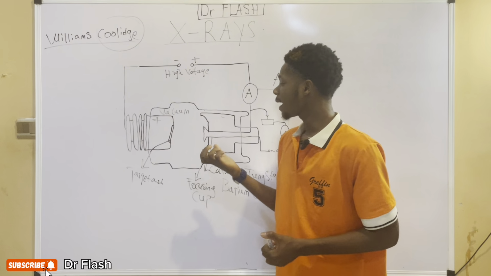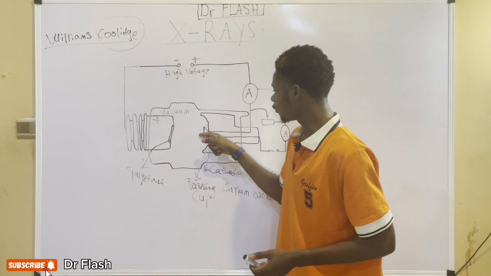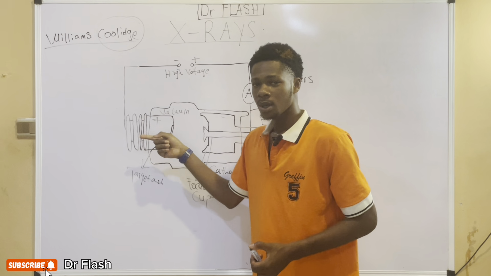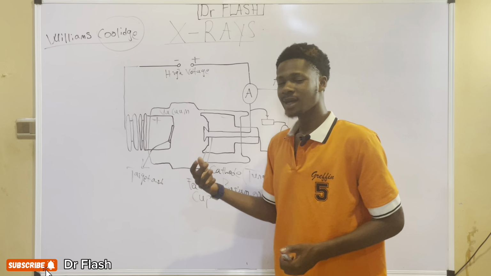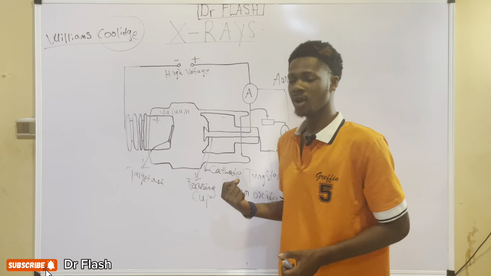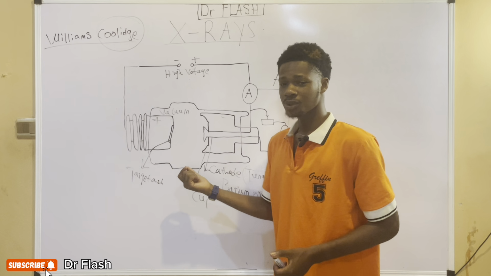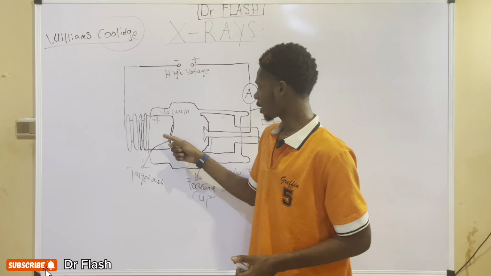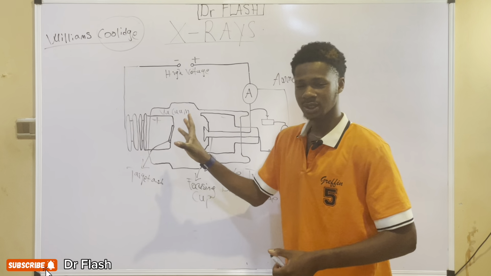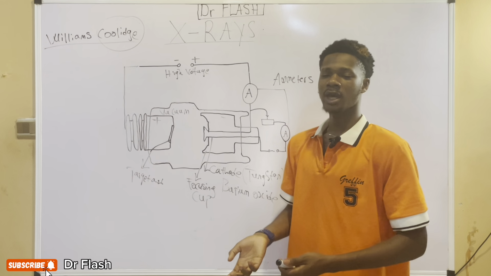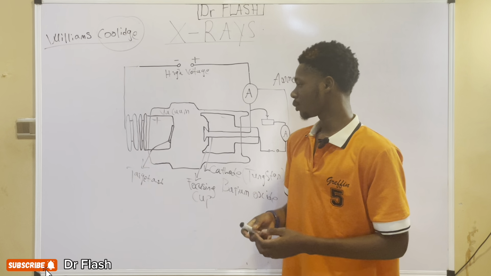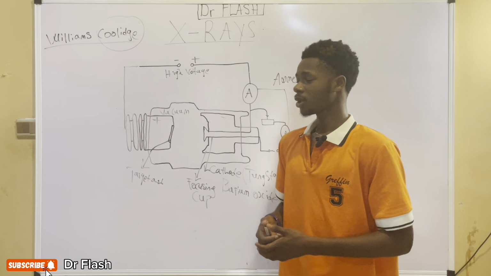We remove the air inside so that when electrons are traveling through this space, they get to have the highest amount of energy. If there are air molecules inside, electrons will not just be smashing this target, but will also be smashing the air molecules, thereby reducing the energy, and we won't get the maximum energy of the X-rays we are trying to produce.